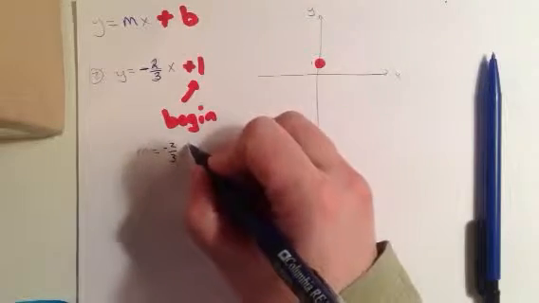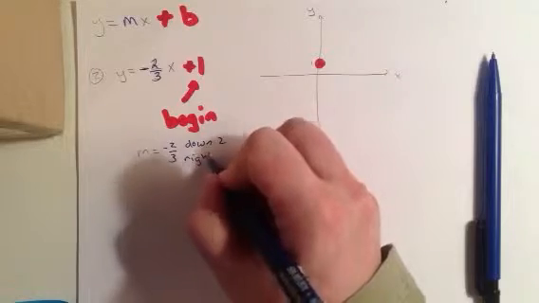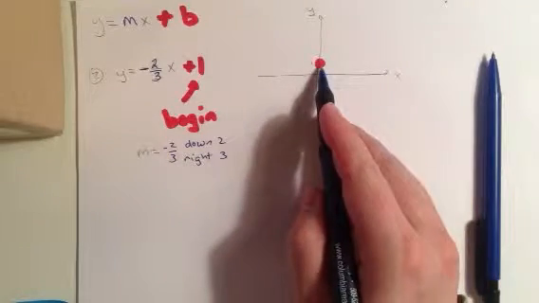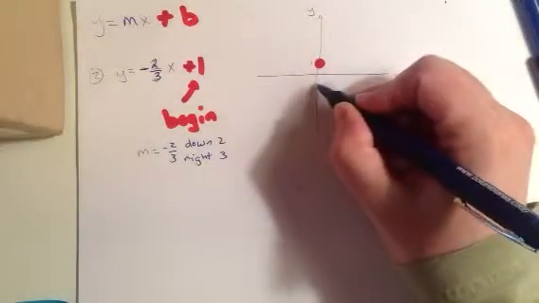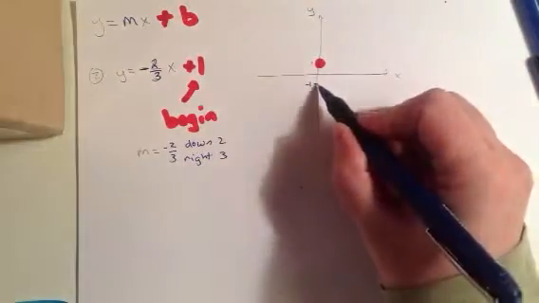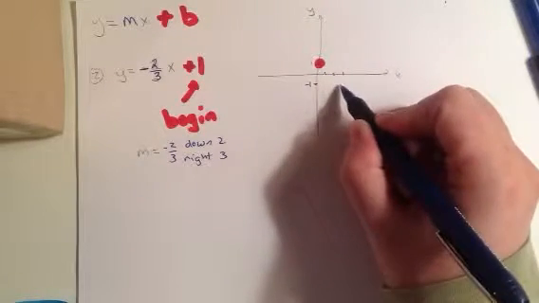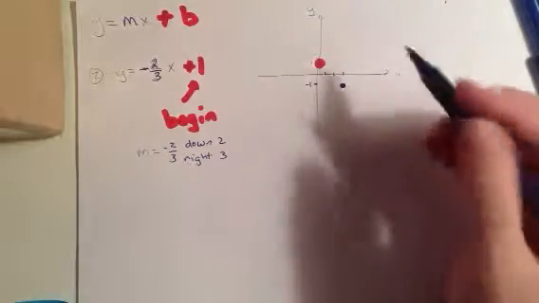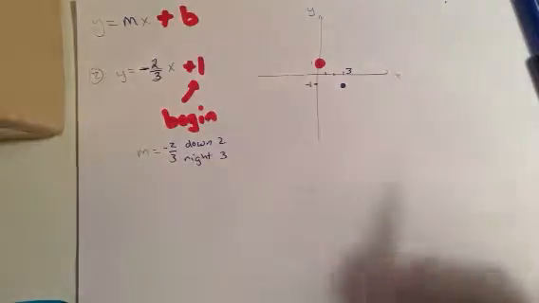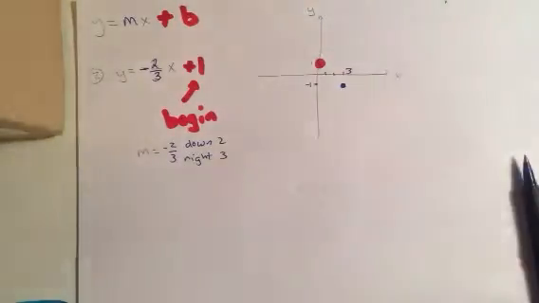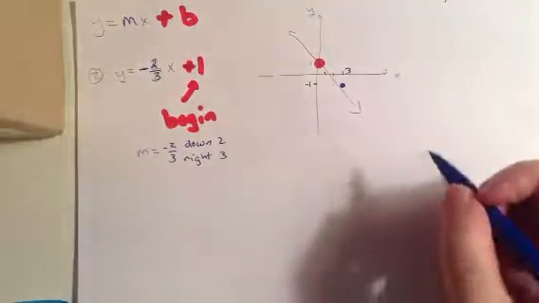So this goes down 2 and right 3 from the point where I started. From this point, I'm going to move down 2, 1, 2 to negative 1, and then to the right 3, 1, 2, 3. There's my second point. Check it again: down 2, right 3. This gives me 2 points, and that's all I need to graph a line. So I'll connect them. I didn't do a very good job going through that point, but you get the idea.